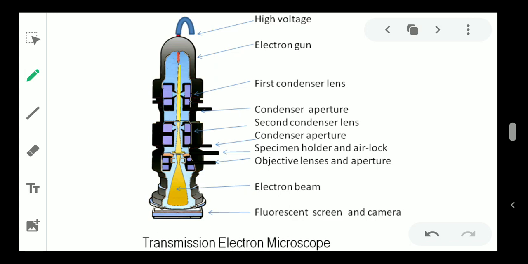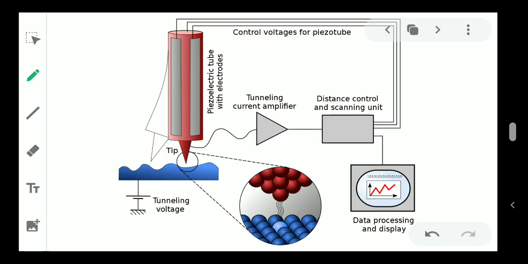You will learn in class 12 what diffraction is and how the electron microscope works. Using these tools we can find the dimensions of many small objects.